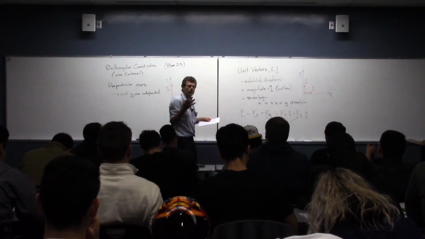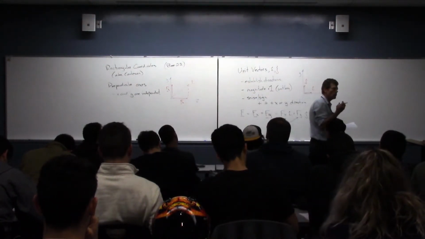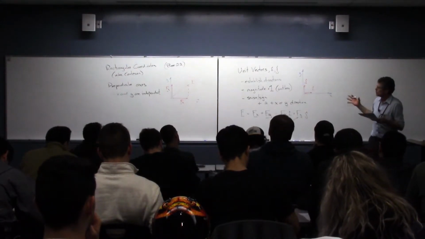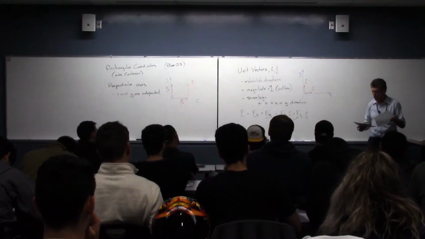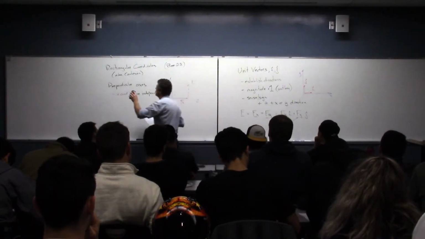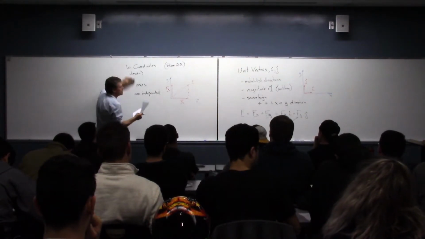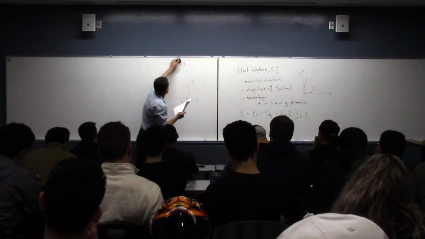The main reason we do this is it's basically a bookkeeping tool. We're going to be able to find all the things with i hats and all the things with j hats, and then combine them. So that's where we're going with this. Again, we're getting to the point where we're dealing with multiple forces.